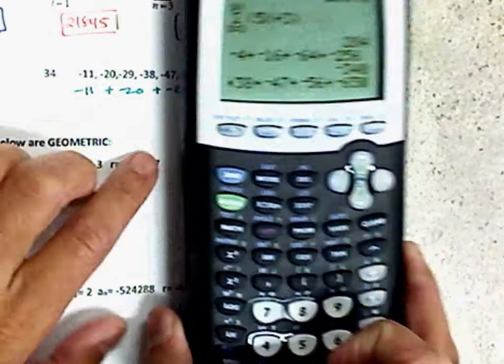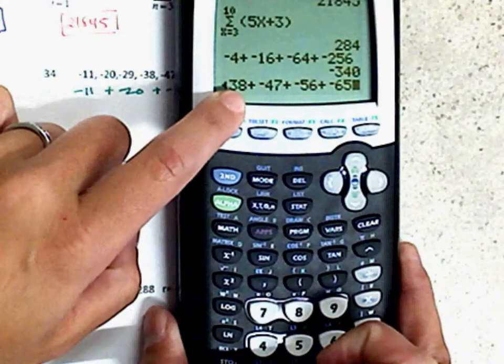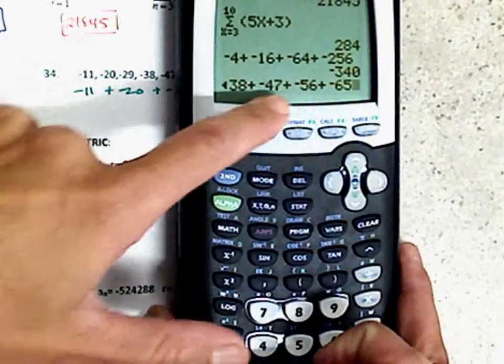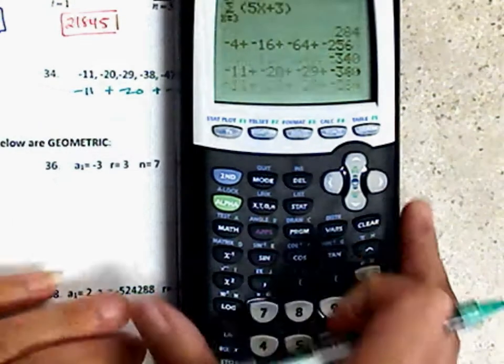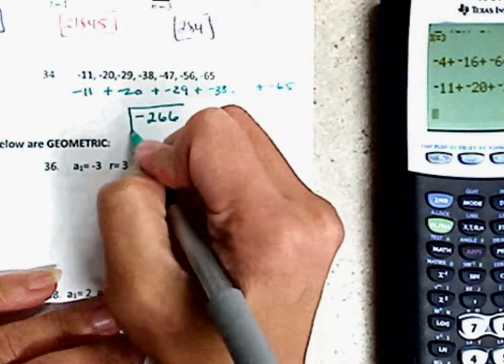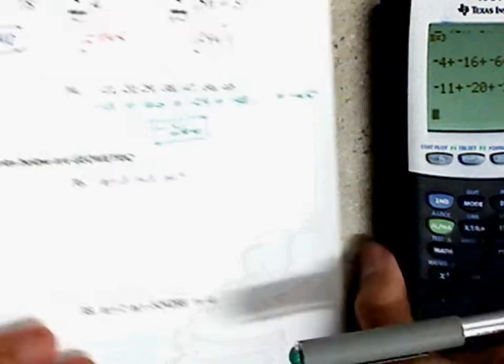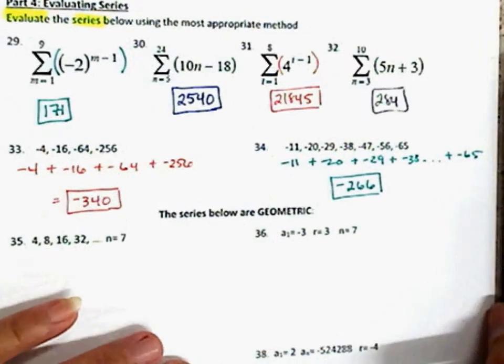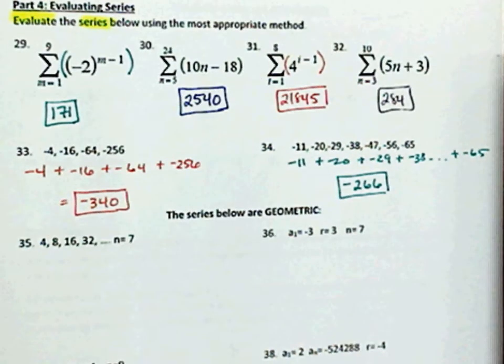You see how you're just going to add them all together? That's basically what you're doing. Just be very careful when you type it to always check your answers. Check that you typed it in correctly. That comes out to be negative 266. And there you have numbers 29 through 34. Don't make it harder than it is.